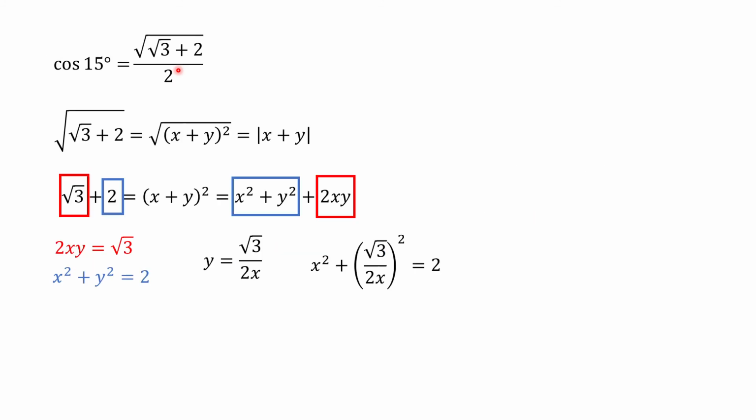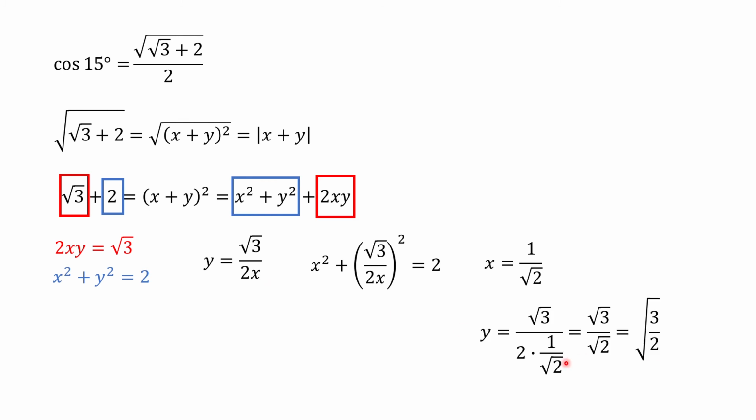Let's go back to our previous slide. This is our equation, which we were solving. We found x, or one of the x's that satisfy this condition. Now remember, y can be expressed through x as square root of 3 over 2x.